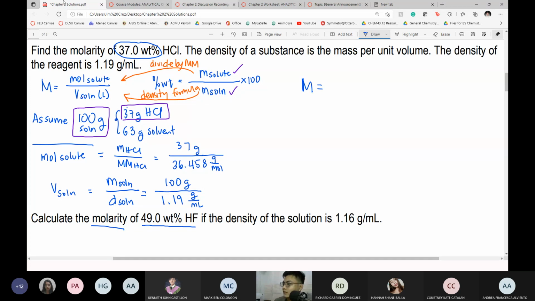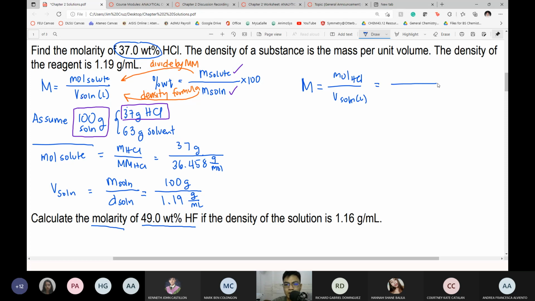Okay? So, we already have the mole equation. This is it. The volume equation. This is it. So, we can just plug it here. Plug it in. So, this is the mole, and this is the volume of the solution.